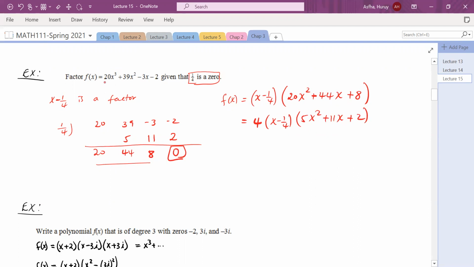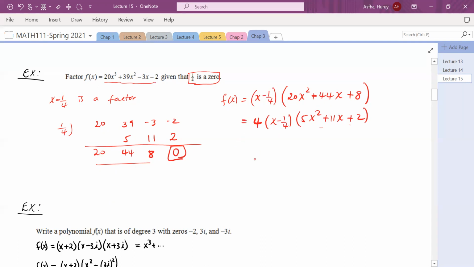It was difficult to factorize this one, but now it's easier because we pull out one factor, x minus 1 over 4, and the remaining part is a quadratic expression. So we can factorize this one.